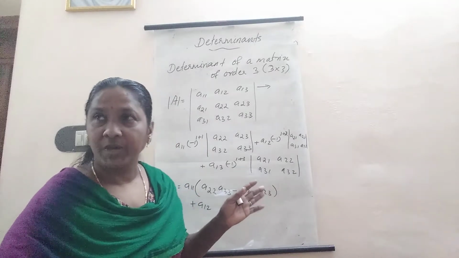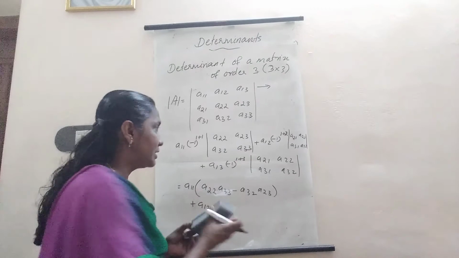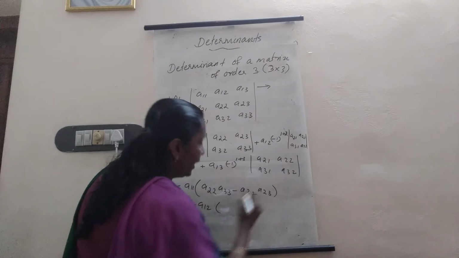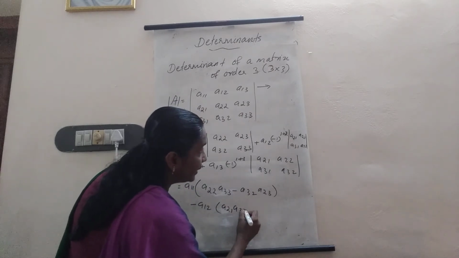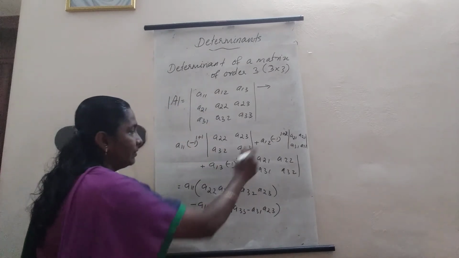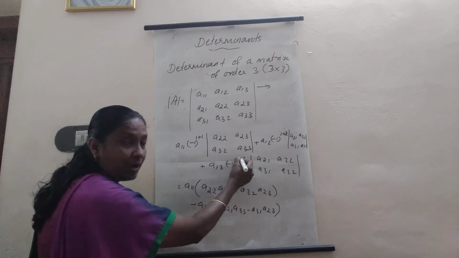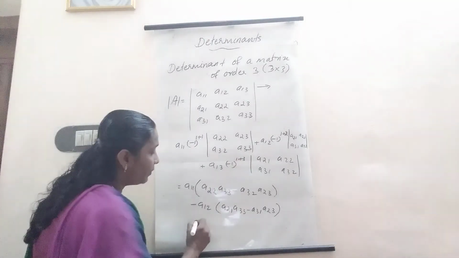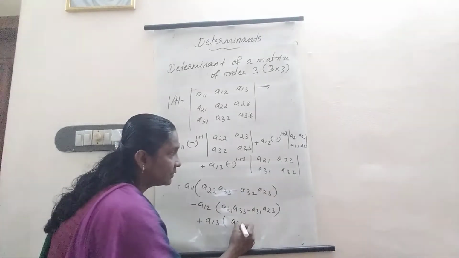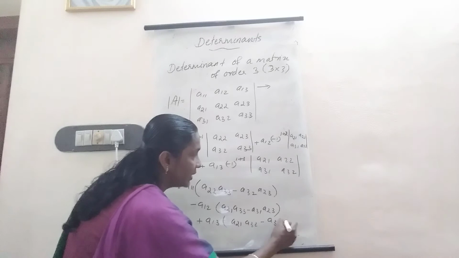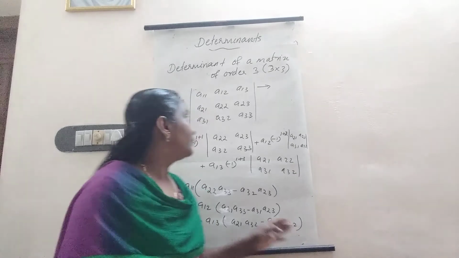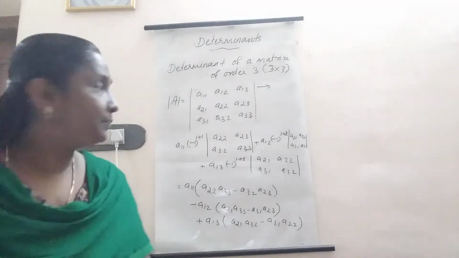The sign is negative, odd power, so here it is negative. Then A21, A33 minus A31, A23. That is over. Then minus 1 raised to 1 plus 3 is positive itself, so here plus A13 multiplied by A21, A32 minus A31, A22. So this is the general expansion. We can see one example.